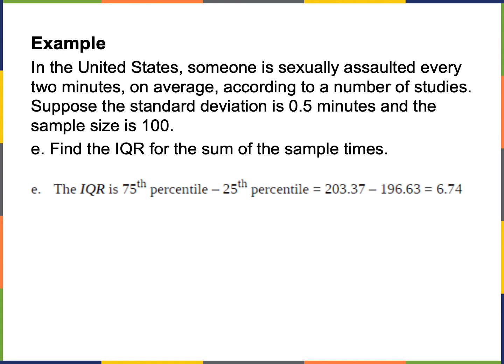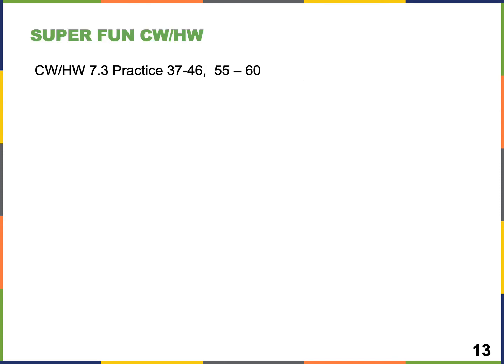We get 203.37 minus 196.63, which is Q3 minus Q1, and your answer is 6.74. Okay, so that's all I have for 7.3. Good luck, and I will see you in the next video.